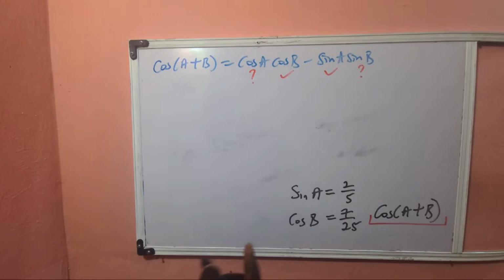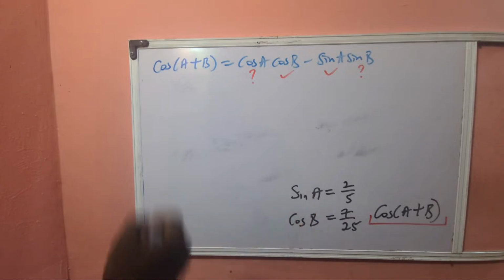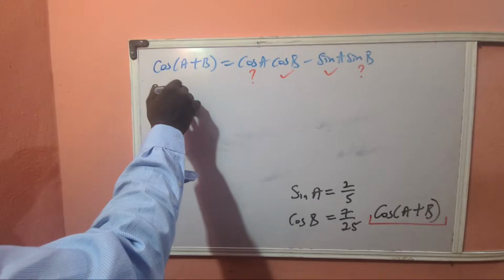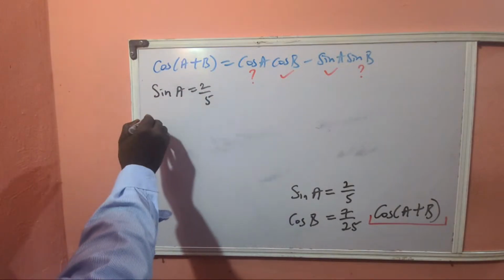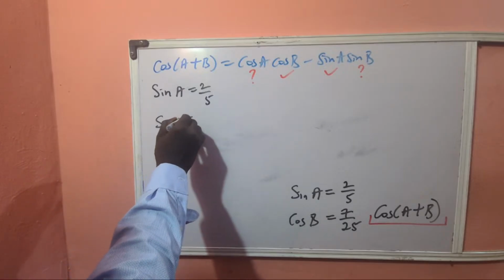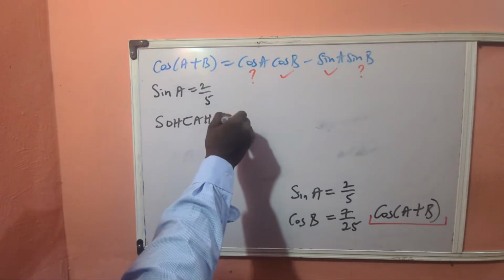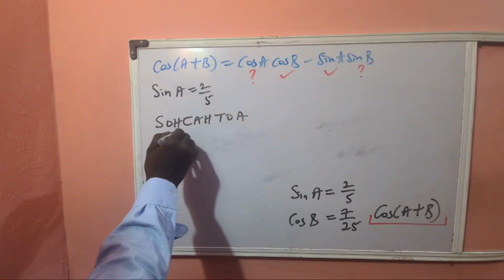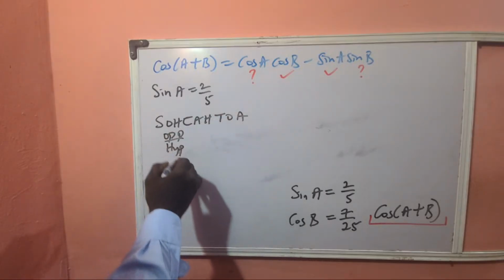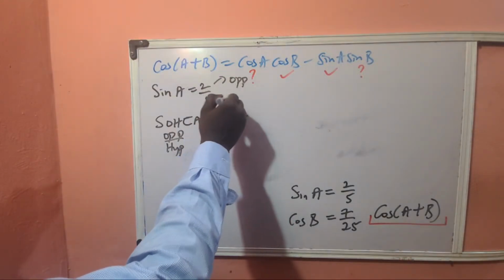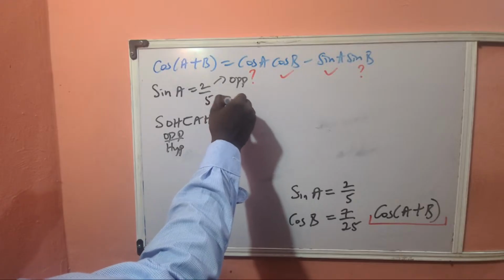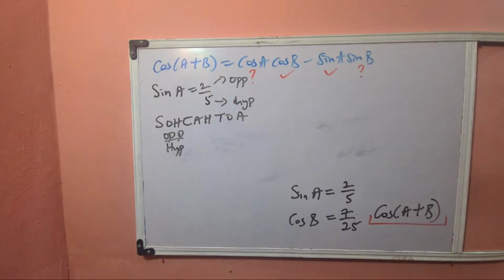So how do you do this? Of course, if sine A is equal to 2 over 5, from SOHCAHTOA, I know that sine is opposite over hypotenuse. So obviously, I know that the opposite here was 2, and the hypotenuse was 5.